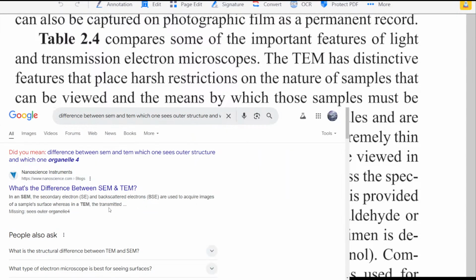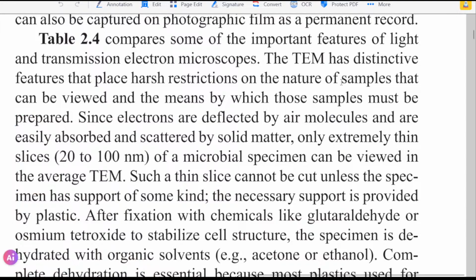Right. Finally, the SEM shows the outer structure, the outer appearance or morphological appearance of the specimen, while the TEM shows the inner structures. And these restrictions mean the sample should be smaller in size, like micrometer and nanometer size microorganisms, because a denser, larger specimen doesn't serve the purpose.